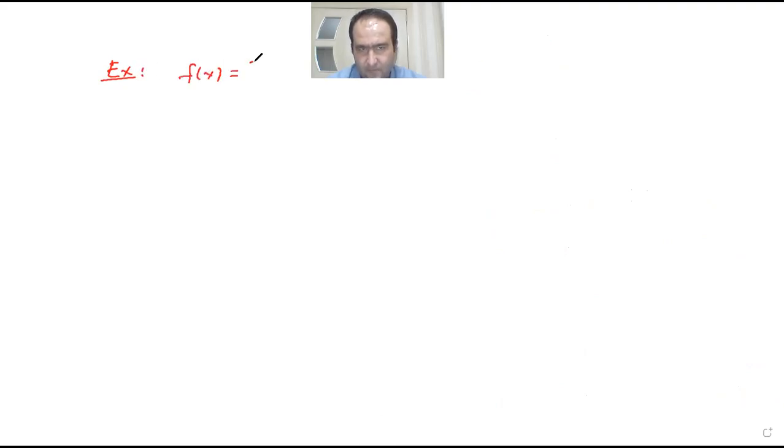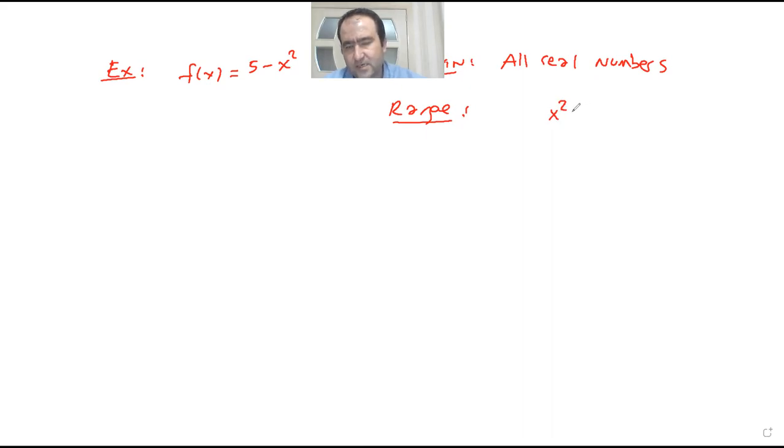f(x) = 5 minus x squared. Our domain is all real numbers. And the range: x squared is always zero or positive.